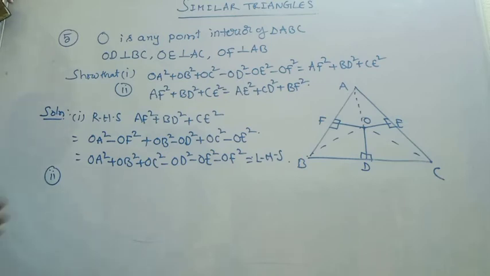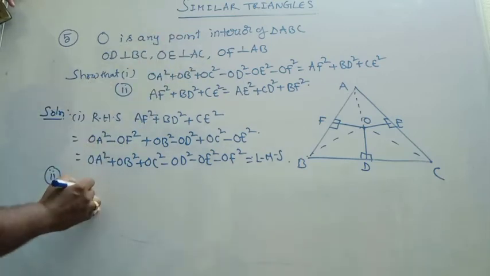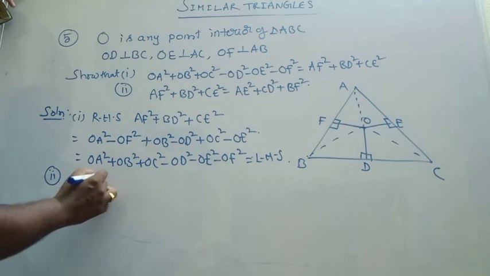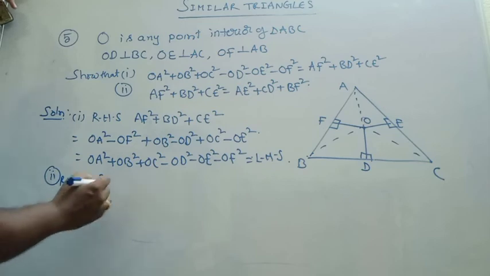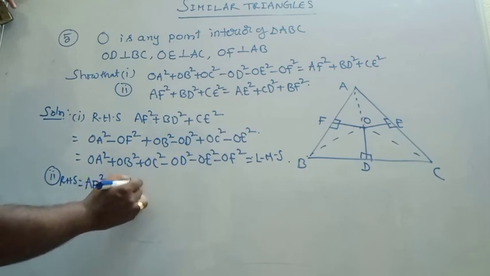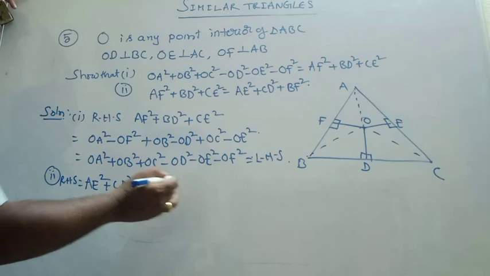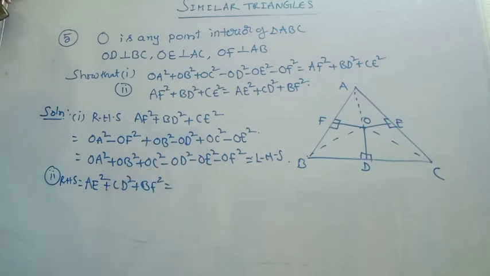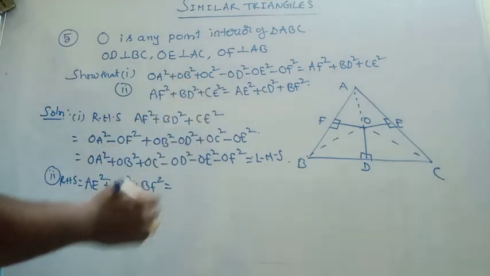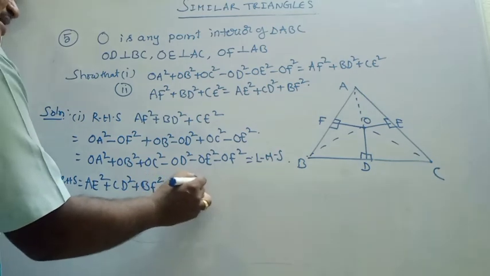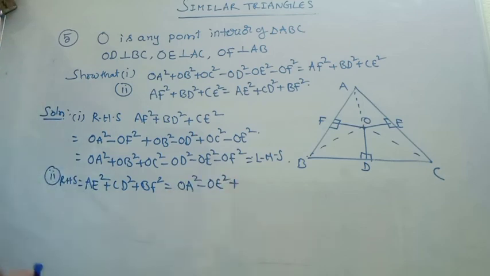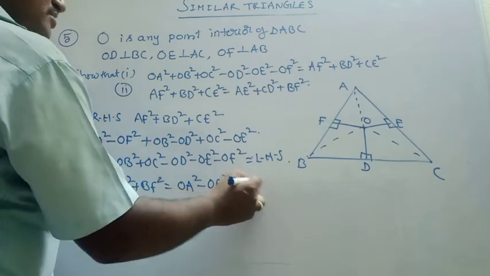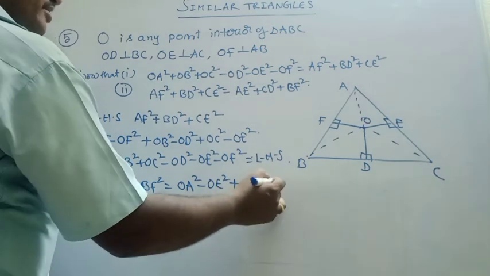In triangle AOE, let us take the right hand side part, AE square plus CD square plus BF square, and write this also. AE square is equal to OA square minus OE square, like this, plus CD square, which is nothing but OC square minus OD square, like this.